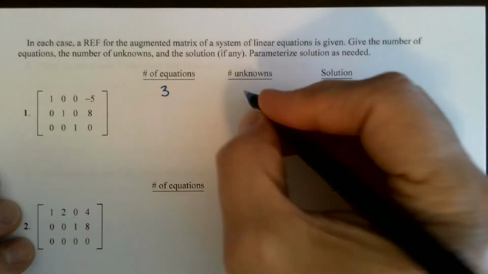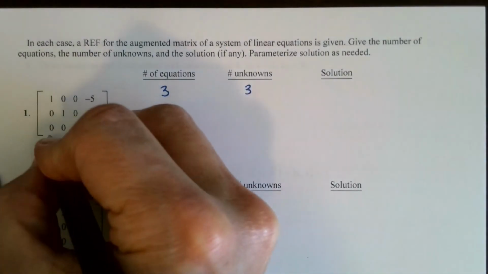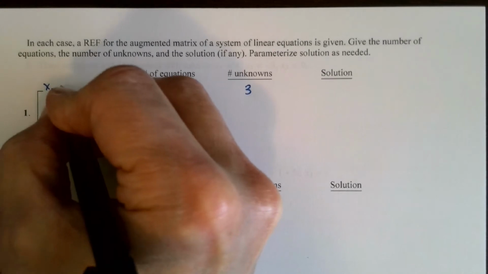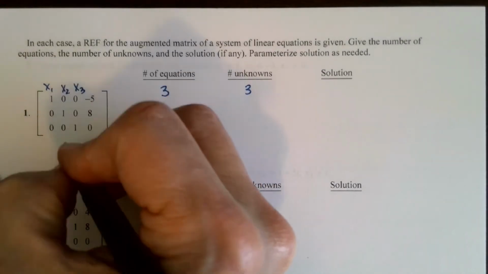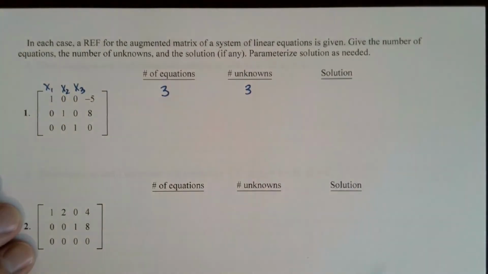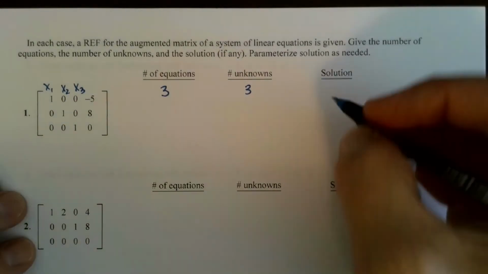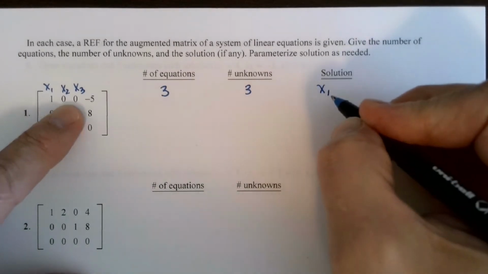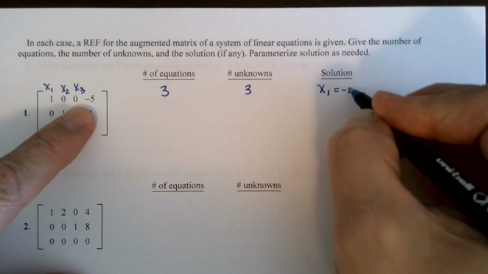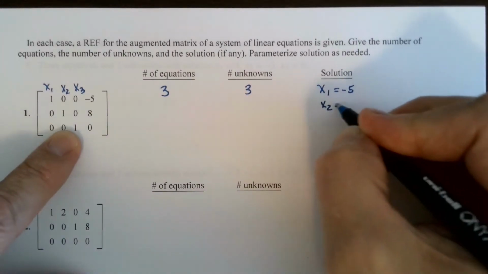So there's 3 unknowns, and the unknowns are referred to as x sub 1, x sub 2, x sub 3. These are the constants, and these are the coefficients of x sub 1, x sub 2, and x sub 3. And the solution is pretty clear. 1 x sub 1 plus 0 x sub 2 plus 0 x sub 3 equals -5. x sub 2 equals 8.